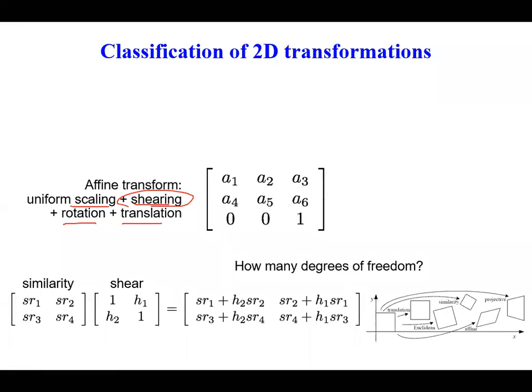Now if you look at this, I can change 6 parameters, and because of that, the degree of freedom is 6. 2 in the translation, rotation is another 1, 3, 4 is the scaling, the shearing will be in this direction and the other direction, so I have a total of 6. So this will be my affine transformation, which, by the way, you can get by multiplying the matrix of the similarity by the shear.